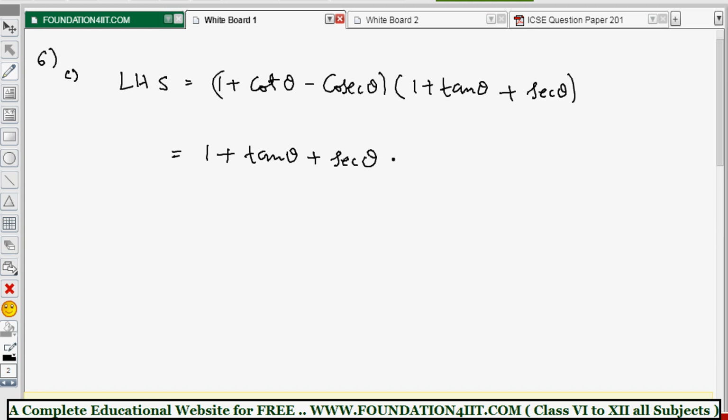Again plus, with the cot multiply these three, that is cot θ plus cot into tan is 1, we know the rule, cot into tan is 1, again cot into sec, plus cot θ and sec θ, right. Minus, with cosec again these three, so cosec into 1 is cosec θ.